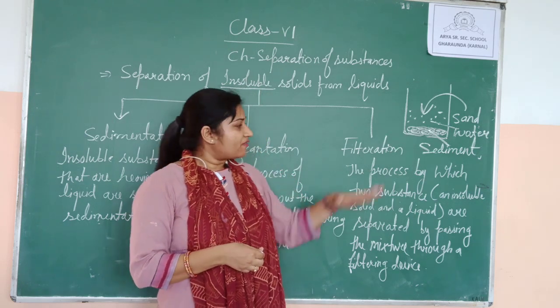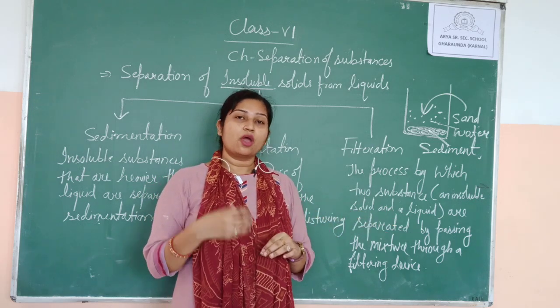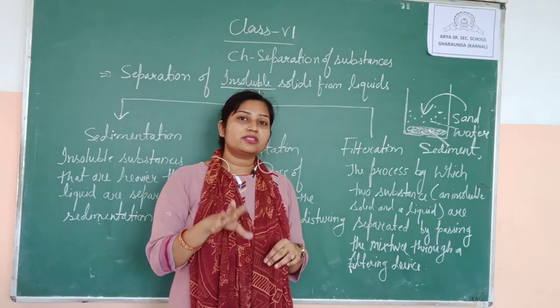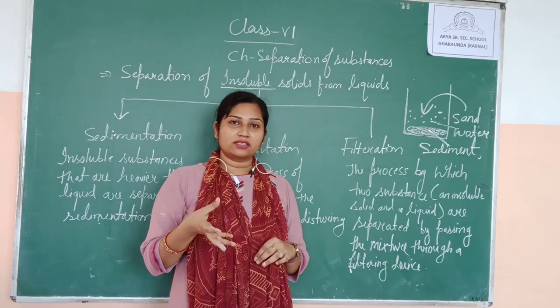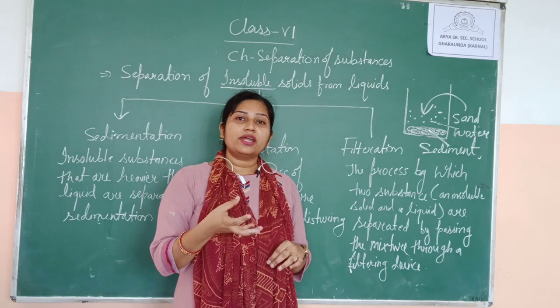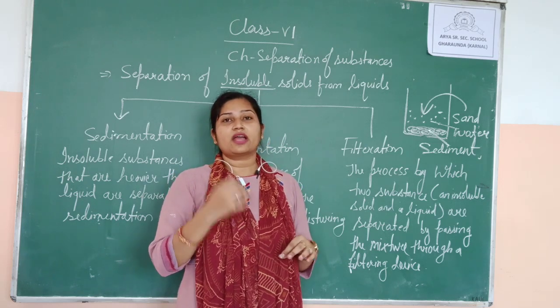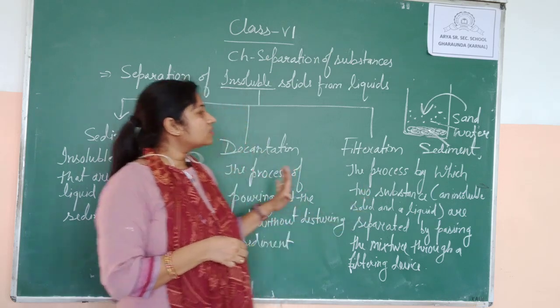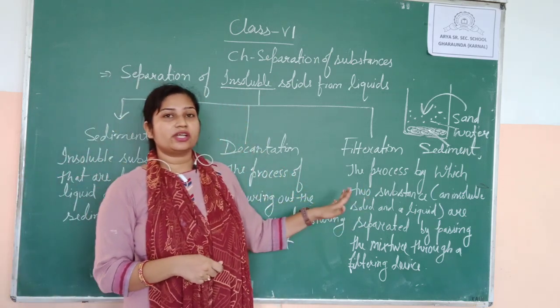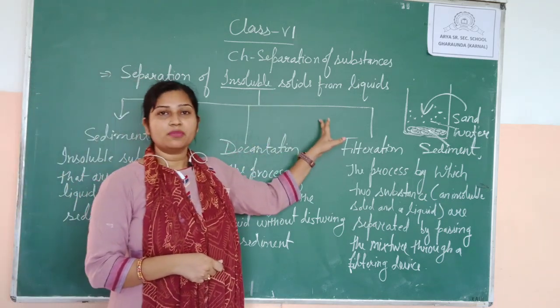When we pass the mixture through the filter paper or muslin cloth, the insoluble solid, which is bigger in size, will remain on the filter paper, and the liquid or the soluble part will just come down. So this is all about the methods which are generally used for the separation of insoluble solid from liquid.